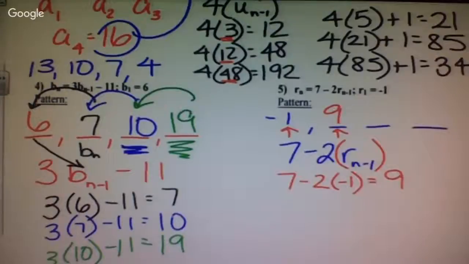Now to find the next one, again I need to go back 1. 7 minus 2 times 9. It should be -11. Wait, how should it be -11?